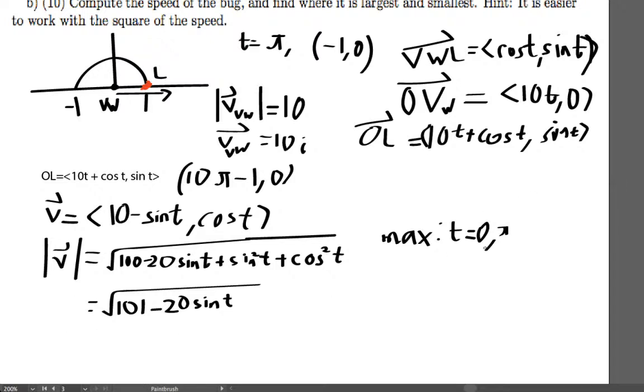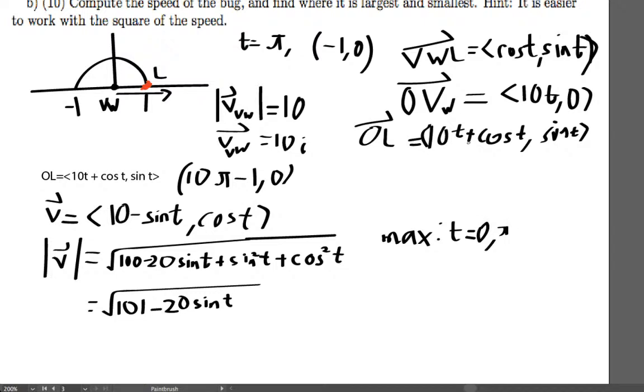When t is 0 and pi, sine t is 0, which is the minimum. It couldn't be 3 over 2 pi because that is below the road, so it's impossible. So the maximum is at 0 and pi.